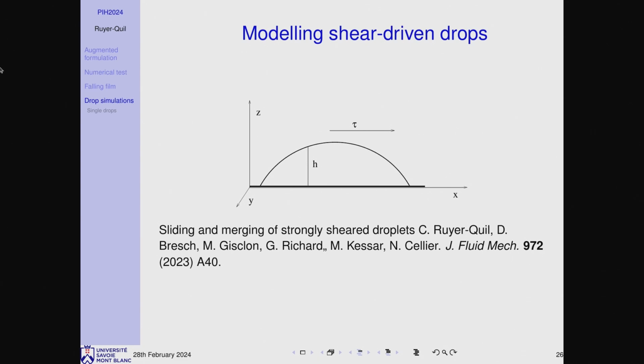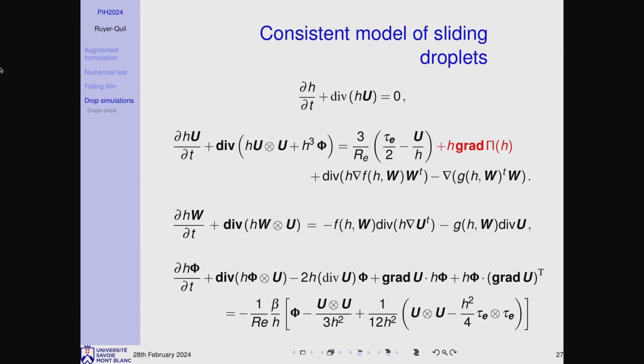Okay, so we also tried to simulate shear-driven drops. So this is a sessile drop, which is sheared by a constant shear stress. The system of equations we solve is a little bit more involved because there is a new equation for phi, which is the correction term, which guarantees that the system is well posed and consistent in terms of the asymptotics, but this is not a very important term. The important term here is that we add some disjoining pressure terms to model the contact line.